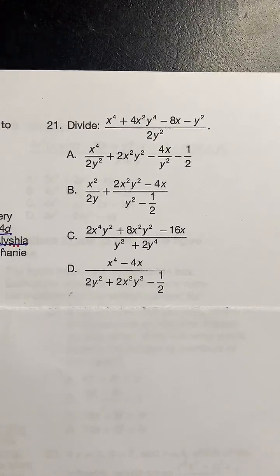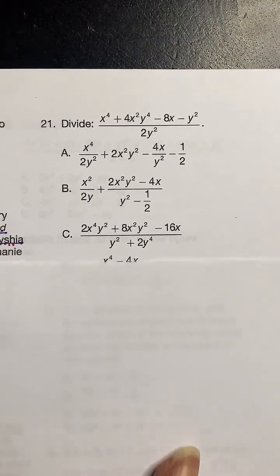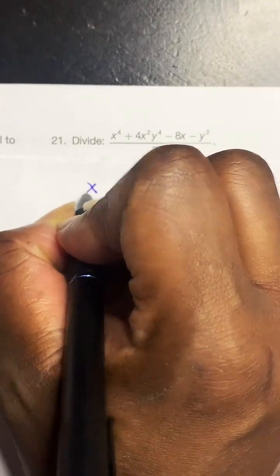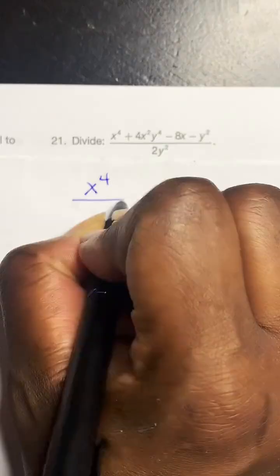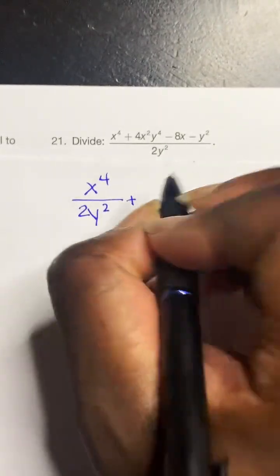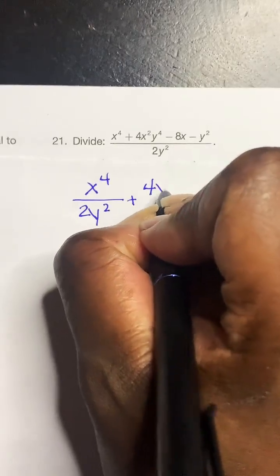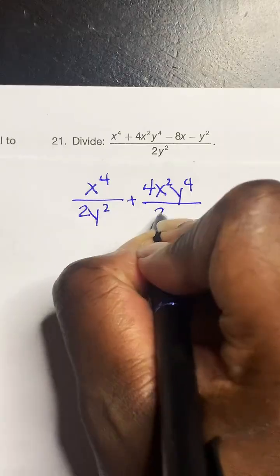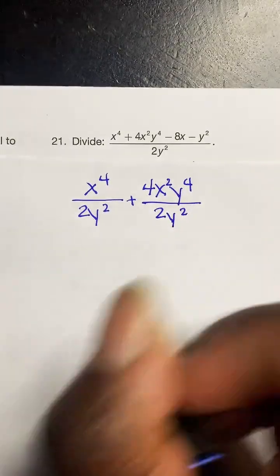Okay, so let's break it on down. I like to break them into their own sections. So you have x to the fourth divided by 2y squared. Then you would have your 4x squared y to the fourth divided by 2y squared.